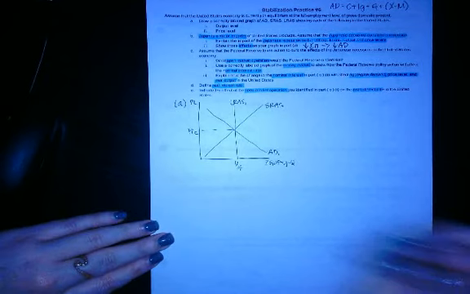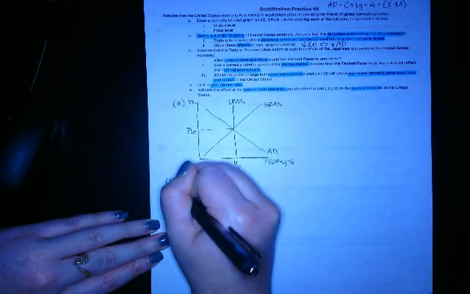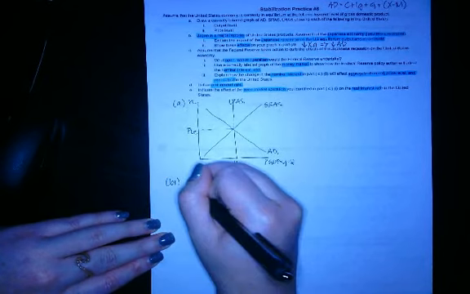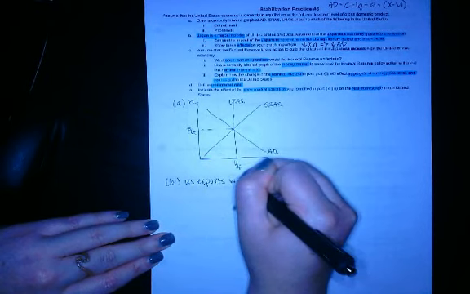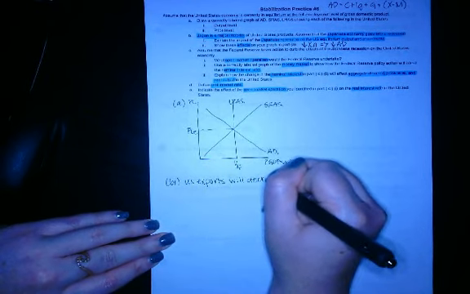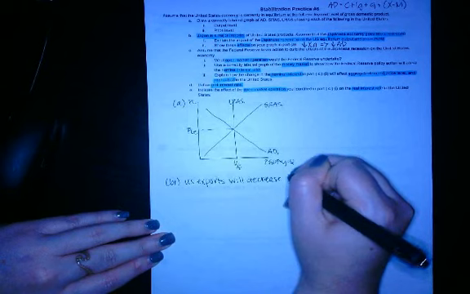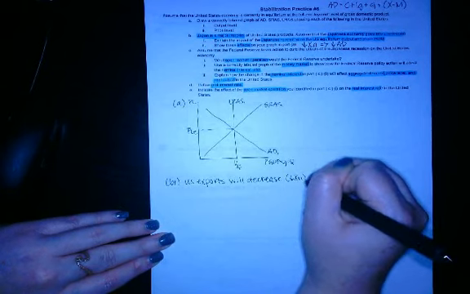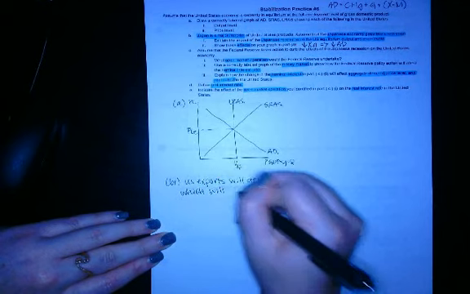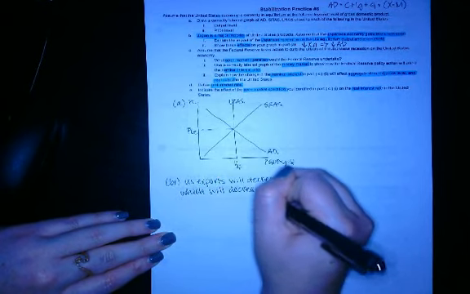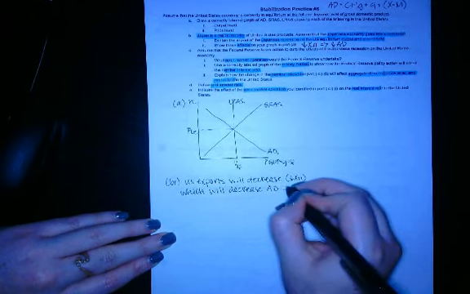So B1, U.S. exports are going to decrease. So we have that decrease in our net exports, which will decrease AD, and it will decrease price level.